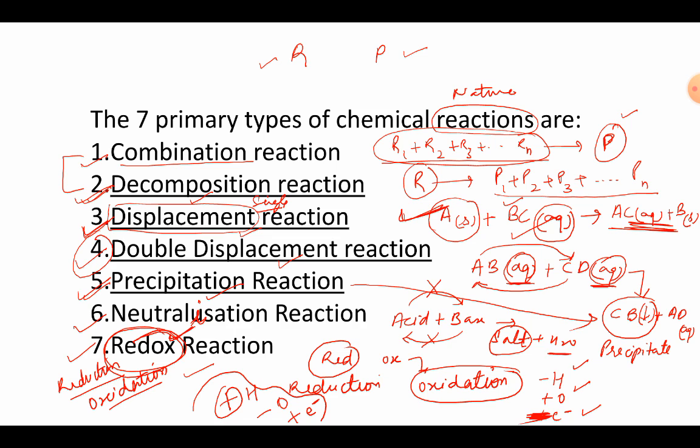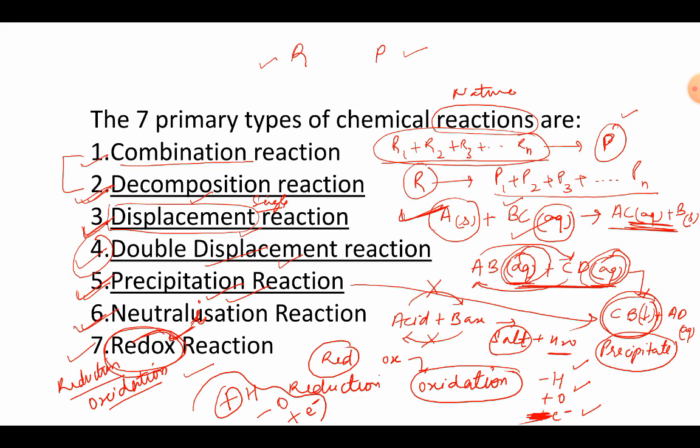Double displacement, there is mutual exchange of ions between the reactants in their aqueous state. Precipitation, a double displacement reaction is a precipitation reaction because one of the products formed is an insoluble mass which settles at the bottom and is called a precipitate. So based on that product, the given reaction is called a precipitation reaction.